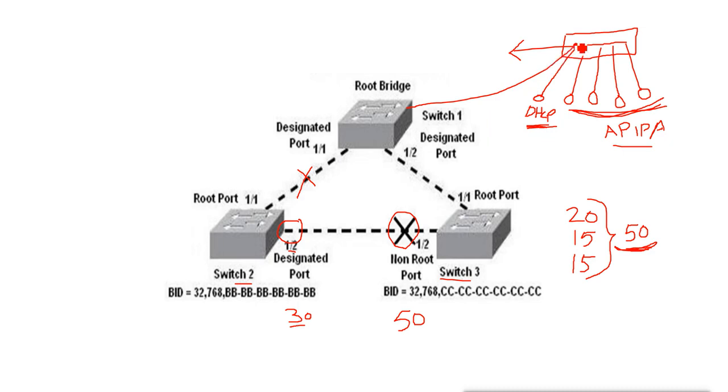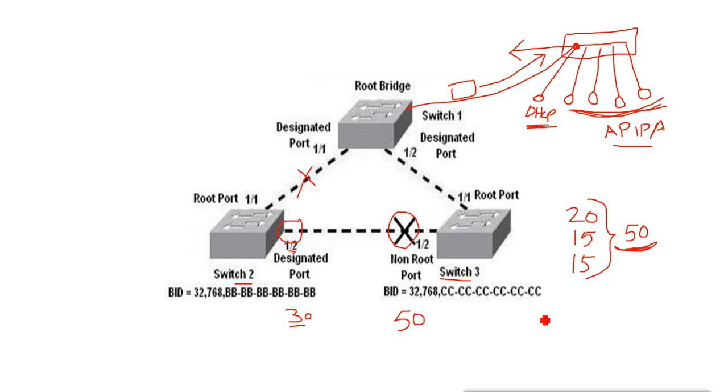What does BPDU guard do? It guards against BPDUs. If the port receives any BPDU, for example if you connect another switch to that port, it will change the state and start taking part in STP.